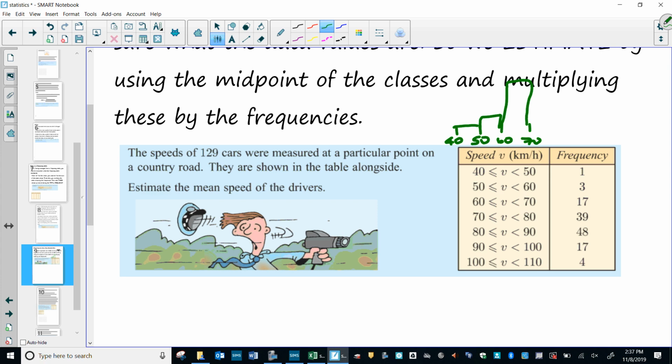Since it's between 40 and 50, you would do 40.5. I think you get the right idea, but not quite the right number. Not 40.5. So you look at the range, it's between 40 and 50.